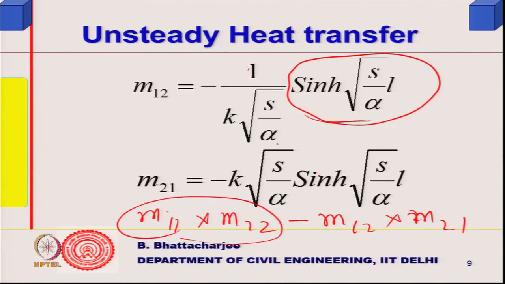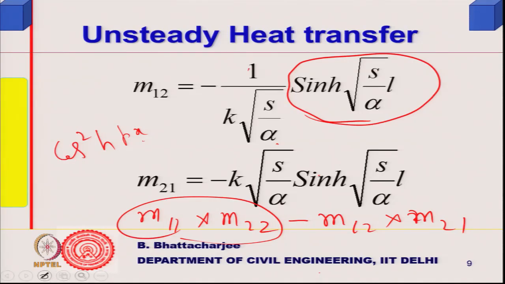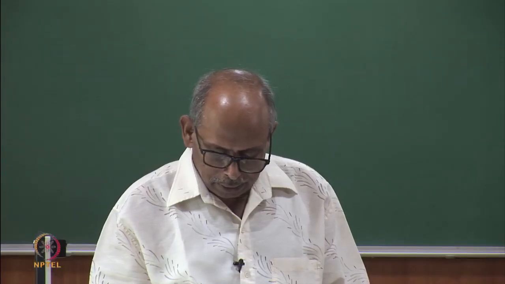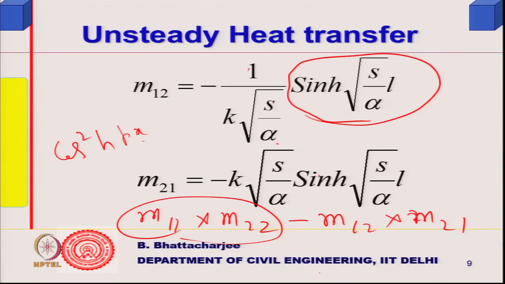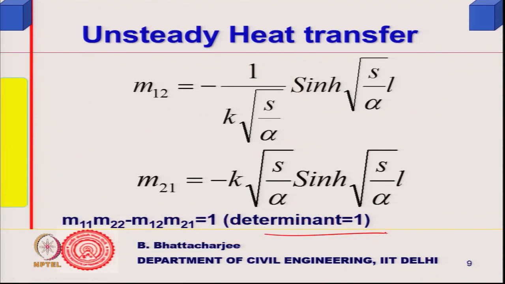So, this will be cos hyperbolic square Px, minus sin hyperbolic square, which equals 1. So, the determinant of this matrix is 1, right, am I right? So, it makes sense. So, M11 times M22 minus M12 times M21 is equal to 1. So, determinant is equal to 1, right.